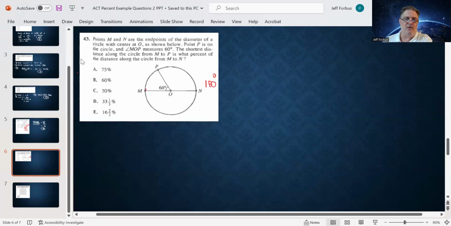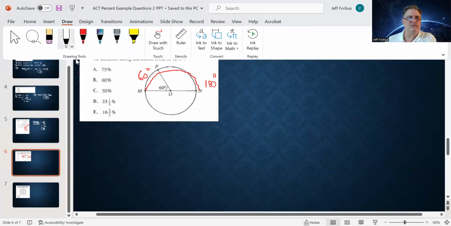Let me just draw it like this, M to N. That's 180 degrees total. They're already telling us that from M to P is 60. So M to P represents what percent of M to N?